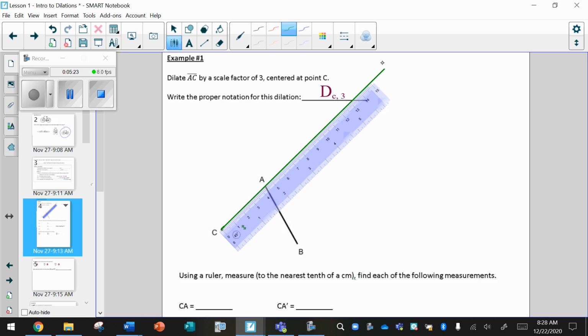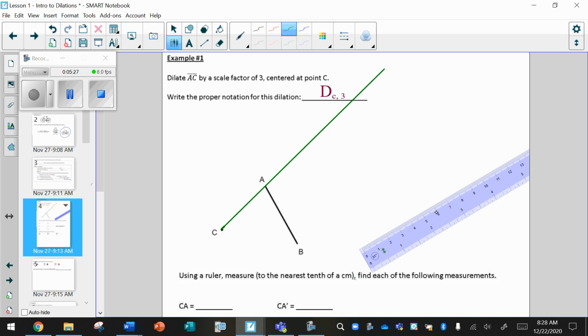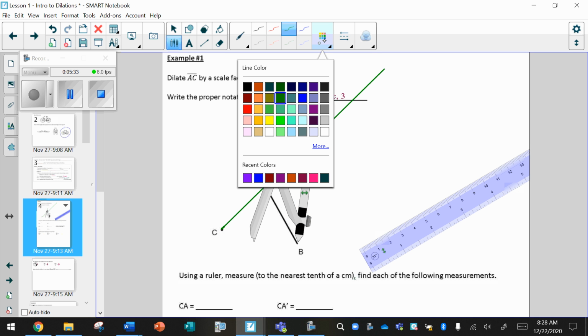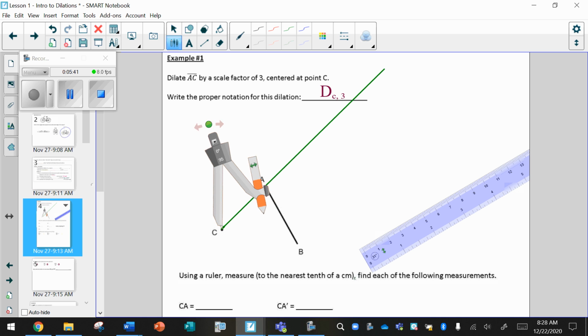Then I'm going to use my compass, move this out of the way, and we are doing a dilation of 3. So that means I'm going to measure the distance from the center of dilation to the point I am dilating, in this case point A. I'm going to measure that distance with my compass. That is considered 1.